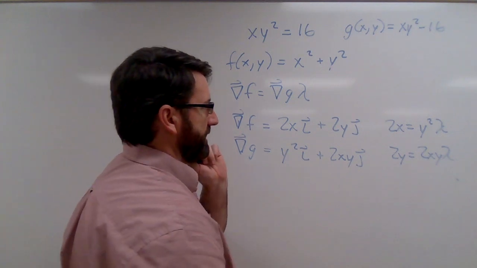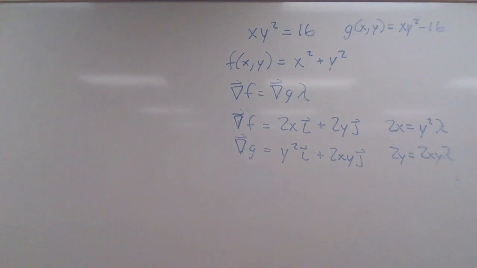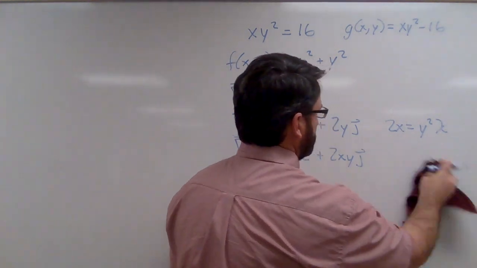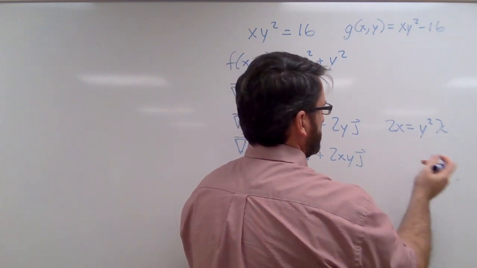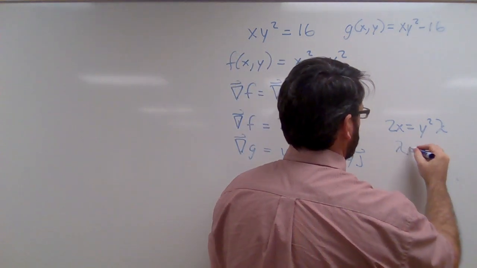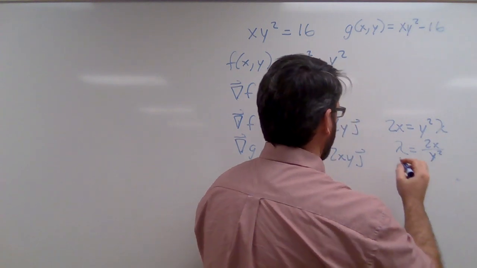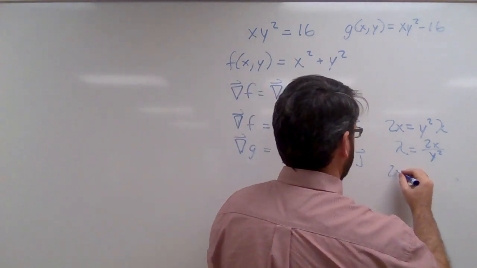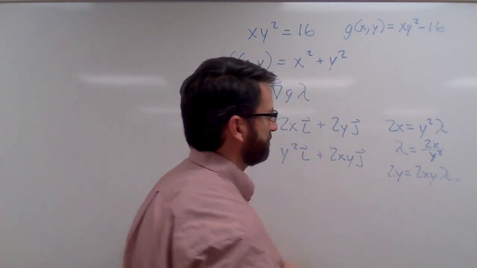All right, so if we take this one first, if we just take this equation and divide both sides by y squared, we're going to get that lambda is equal to 2x divided by y squared. And the other one we said was 2y is equal to 2xy times lambda.